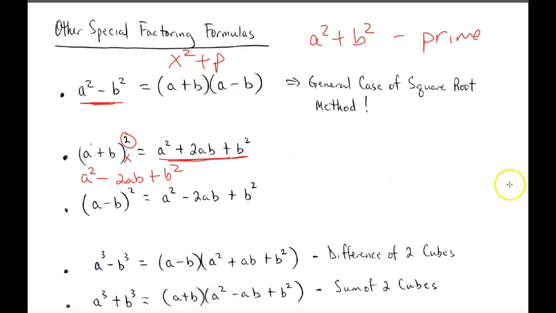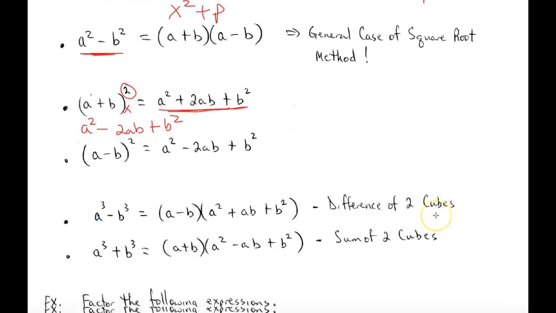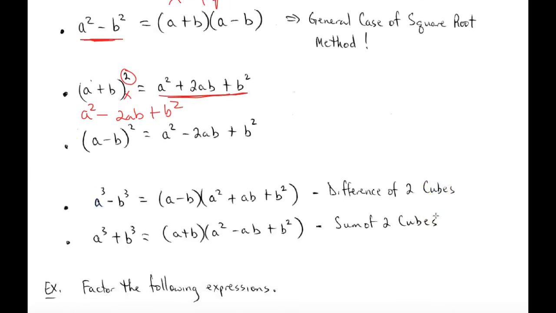Okay. If we roll down here now, we'll see that we have what's called the difference of two cubes and the sum of two cubes. Okay. And so with the difference of two cubes, if you have a minus here, it's different, same, same. In other words, minus plus plus. And then if you have a plus here, then you have alternating signs there. So you have plus, minus, plus there.